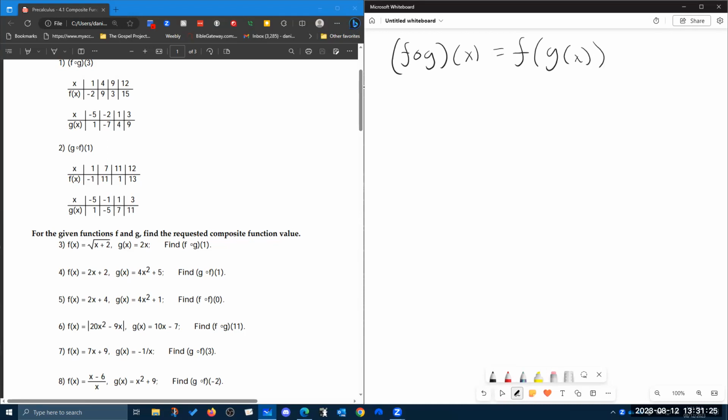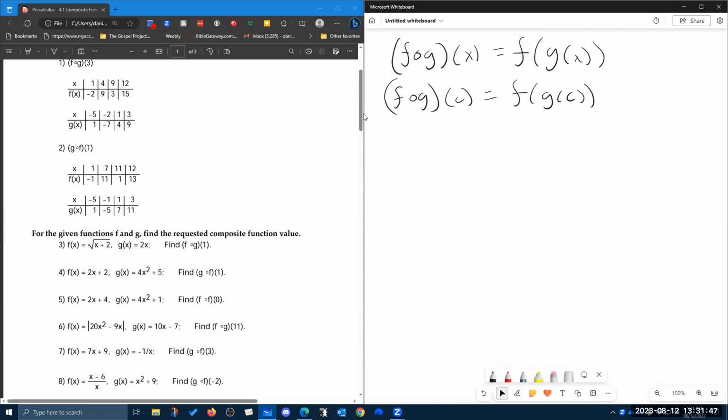So f of g of a number c is going to be g evaluated at c. Just write that down here, which is going to give us some number that we're going to plug into f.